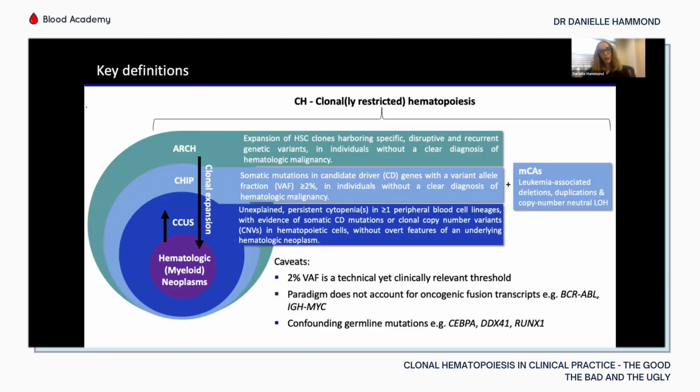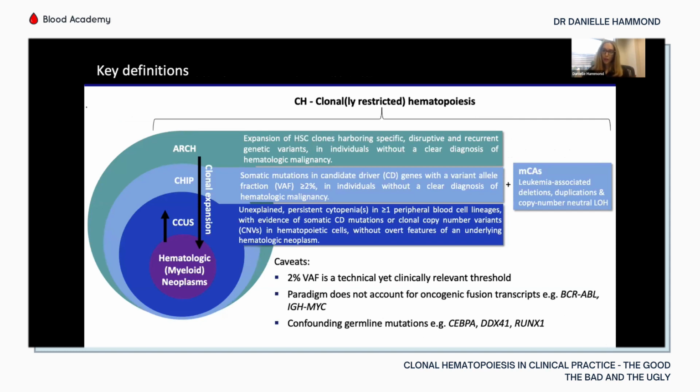So I think clear definitions are quite important because often these terms are used imprecisely. The broadest term is clonal hematopoiesis, and that simply refers to expansion of hematopoietic cells from a single common ancestral hematopoietic stem cell. And this term is agnostic to the underlying genetic marker of clonality, as well as the size of the clonal population.